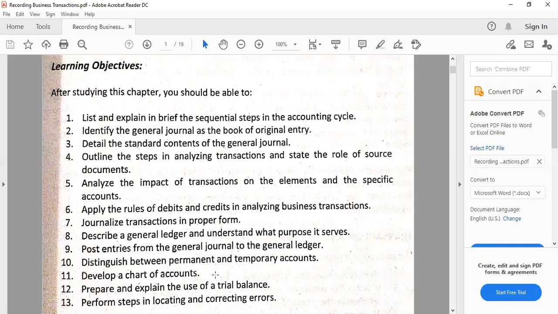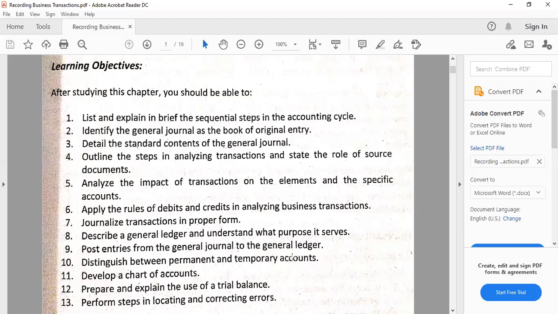Then distinguish between permanent and temporary accounts. If you can recall, we said that permanent accounts are accounts that namely are asset, liabilities, and equity that are found on the statement of financial position and balance sheet. And these accounts are not closed at the end of the accounting period. Therefore, they are also called the real accounts.